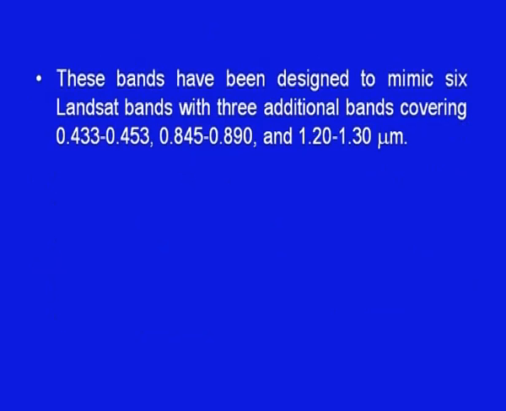These bands have been designed to mimic the 6 Landsat bands, with 3 additional bands covering the regions of 0.433 to 0.453, 0.845 to 0.890 and 1.2 to 1.3 micrometers.